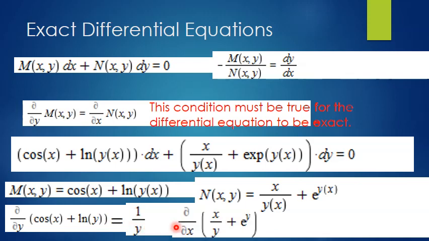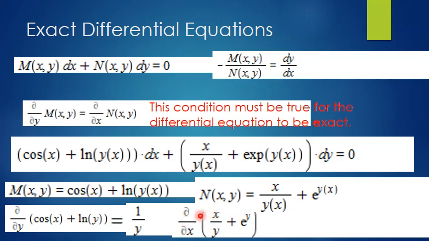Now we have to take the partial derivative with respect to x of N, which is here. When you do partial derivatives, anything that's a function of y is considered a constant. So here, we only have 1 over y, which is constant. I can factor it out front.